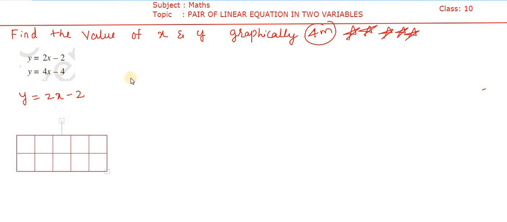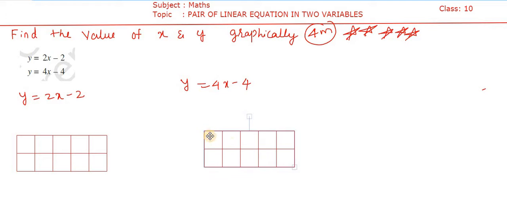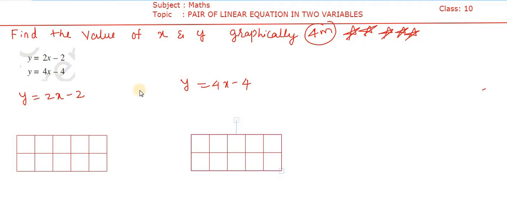And for the next, y is equal to 4x minus 4, for this also draw a table. So here write x, here y, and x and y. If you want, you can write one more row, that is the points.